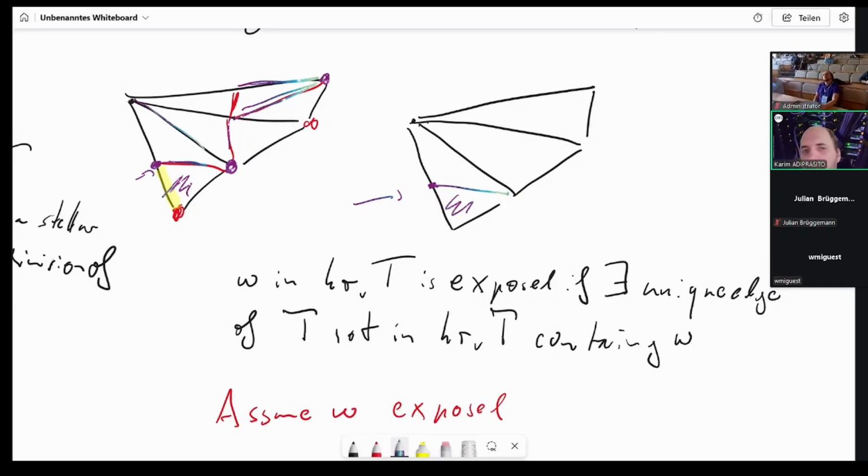They're geometrically the same simplex. So what I do is I just forget about them. I fix the triangulation at this point. I already made the triangulation look the same in this part. I'm done. And now what I do is I look for the next exposed vertex.